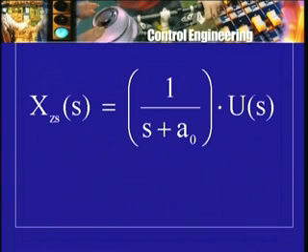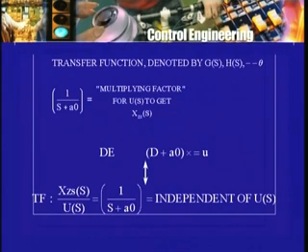Correspondingly, the Laplace transform relationship is: Laplace transform of not the response but the zero state response part of it equals this function 1 by s plus a0 multiplying U(s). I can also rewrite it as X_zs(s) divided by U(s) equals 1 by s plus a0, and this is how sometimes a transfer function is defined.